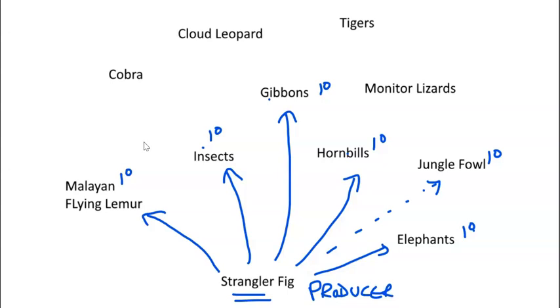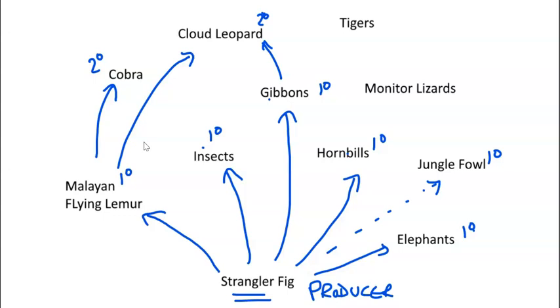In turn, it's possible to observe that the flying lemur is consumed by the cobra, making it a secondary consumer, and indeed by the clouded leopard, secondary consumer. The gibbons are also consumed by the clouded leopard, and again that would make it a secondary level consumer.